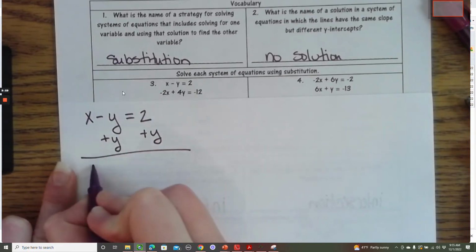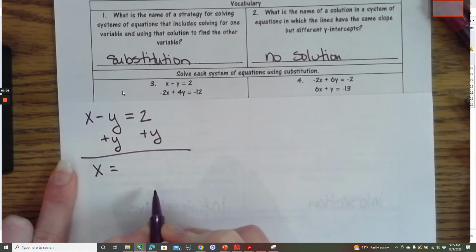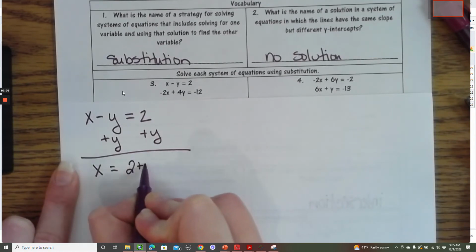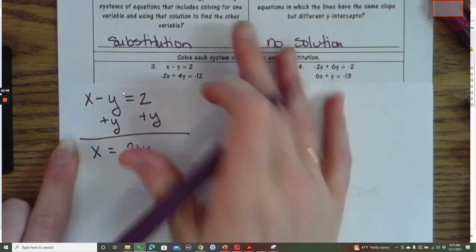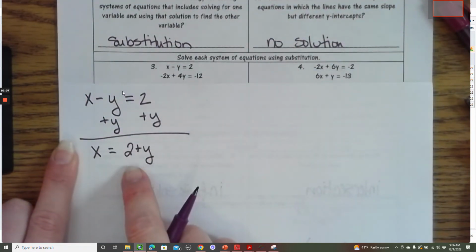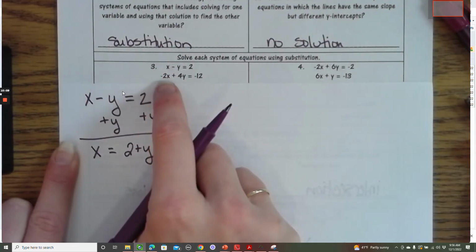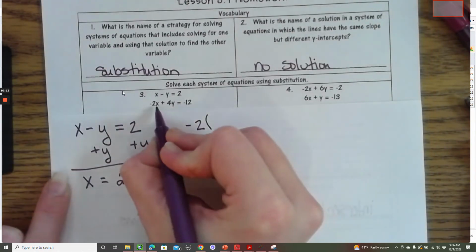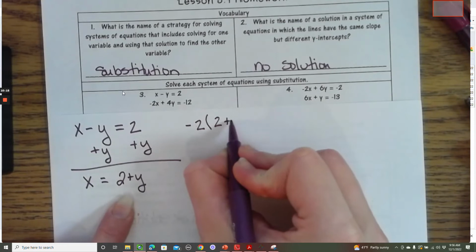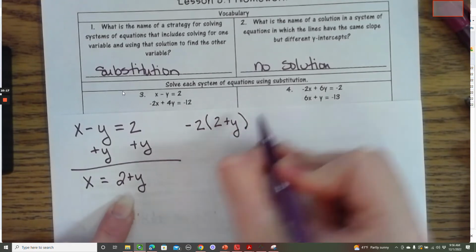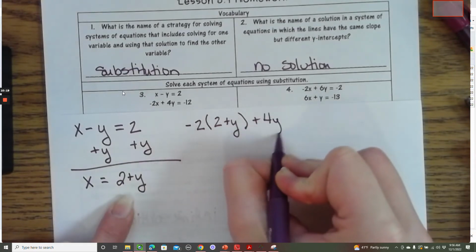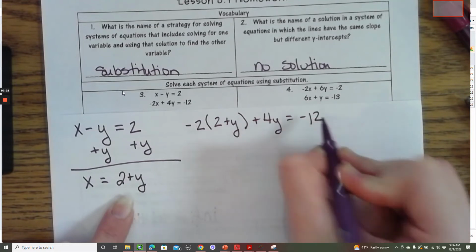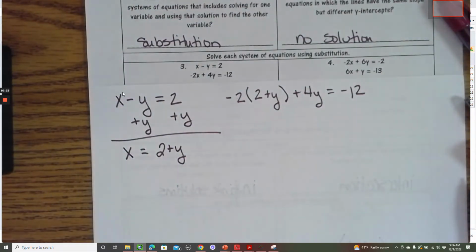So now I have x equals 2 plus y. What I can do is take that and plug it in for this x. Negative 2. And so instead of x, I'm going to do 2 plus y plus 4y equals negative 12. And then I can solve that equation.